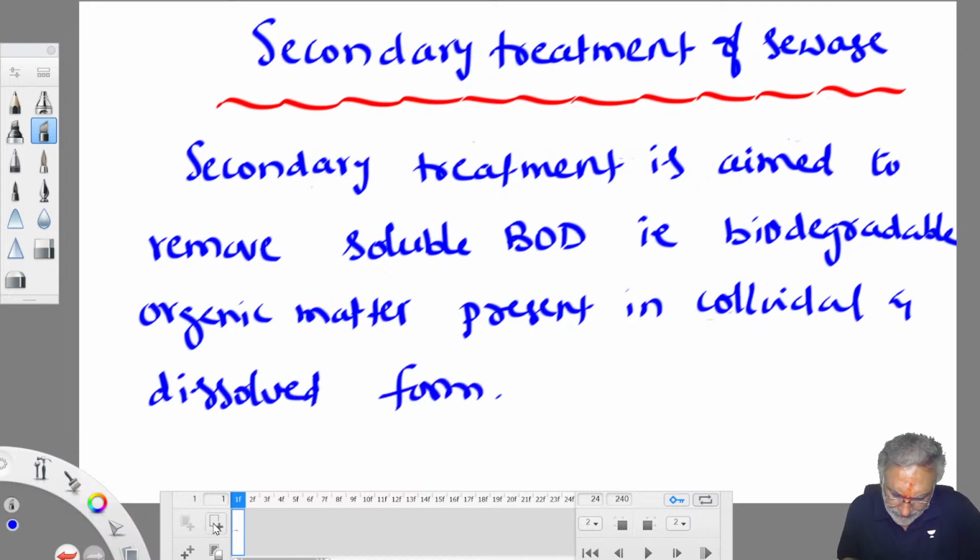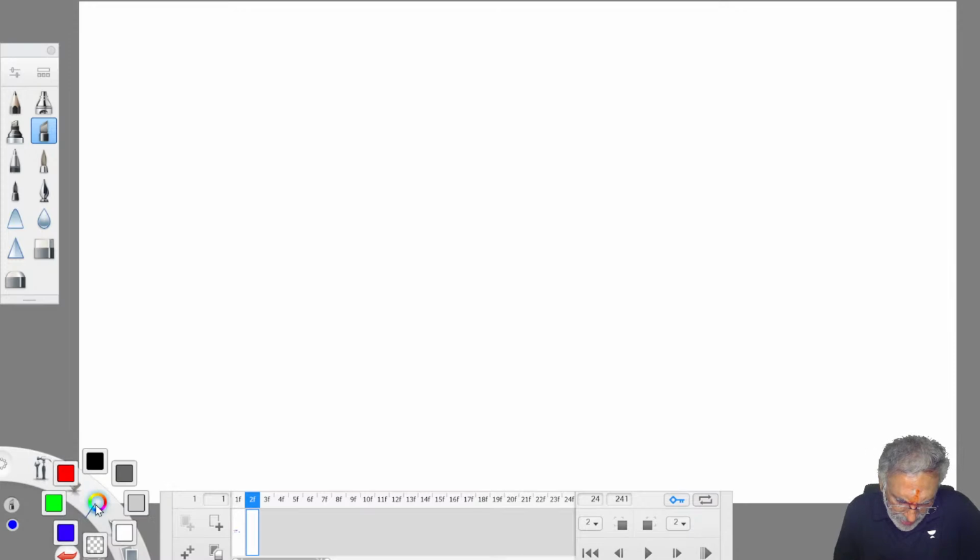Okay, so soluble BOD of wastewater we can remove by two methods.